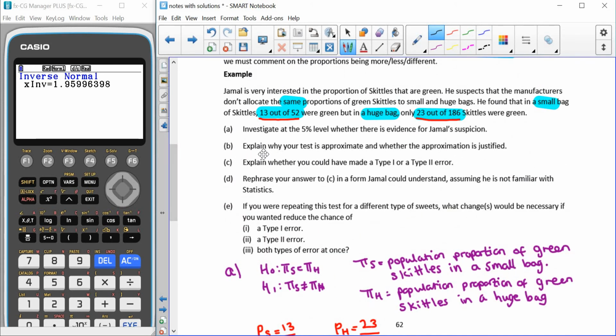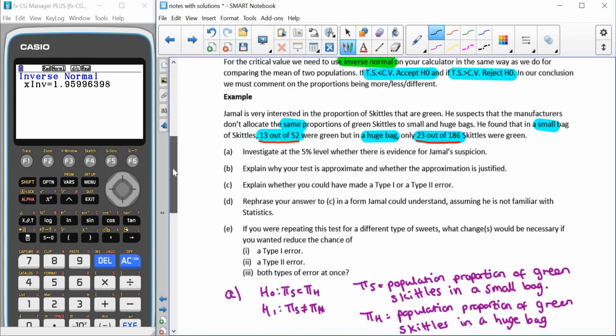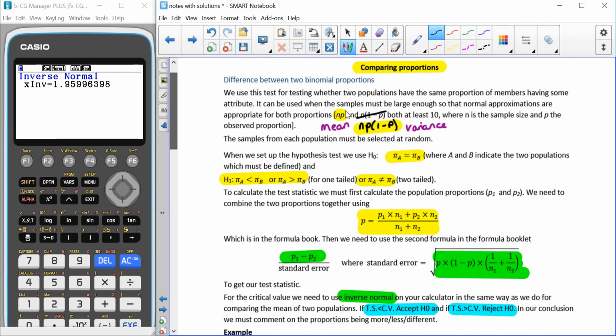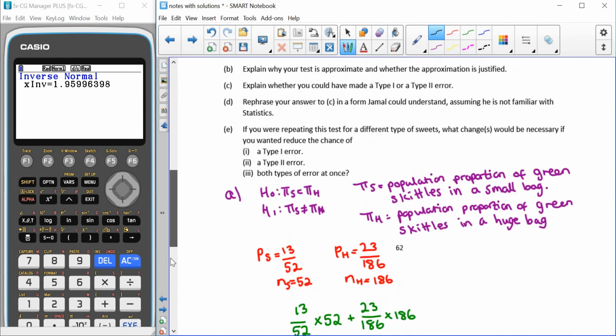Part B, explain why your test is appropriate and whether the approximation is justified. So that means that we're having to look at this bit here to see if our np and our np(1 minus p) are at least 10 for both of these.